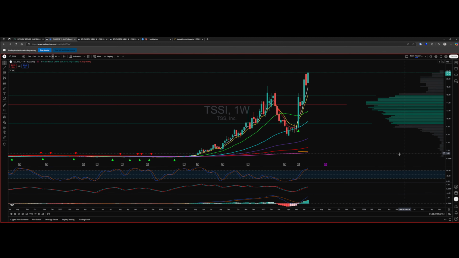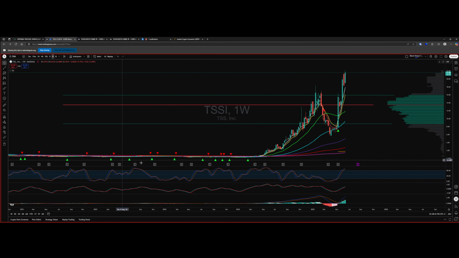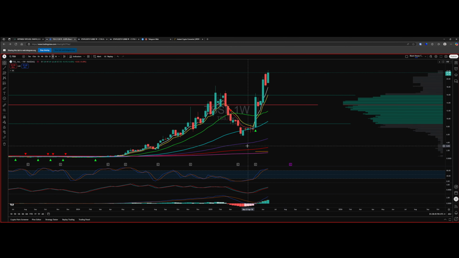One of the ways that you can find stuff that does this is to scan for it. I'm not saying that's what you're doing, Butters, but you can scan using the scanning feature here in TradingView, which is in your bottom left corner.